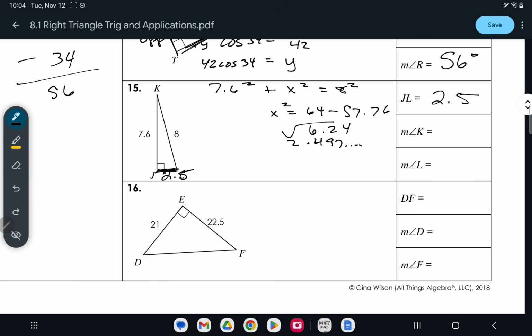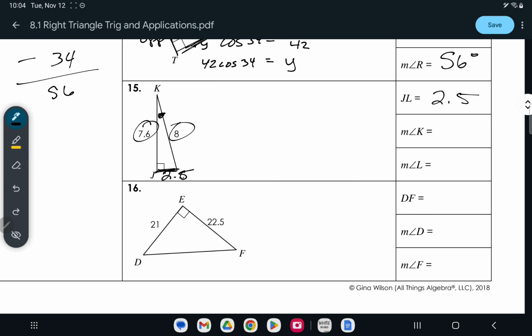Now we can use some trig functions to find the angle. And this one doesn't really matter where you start. Let's find this angle. The two pieces I know here are adjacent and hypotenuse. So I would use cosine of theta is adjacent over hypotenuse.